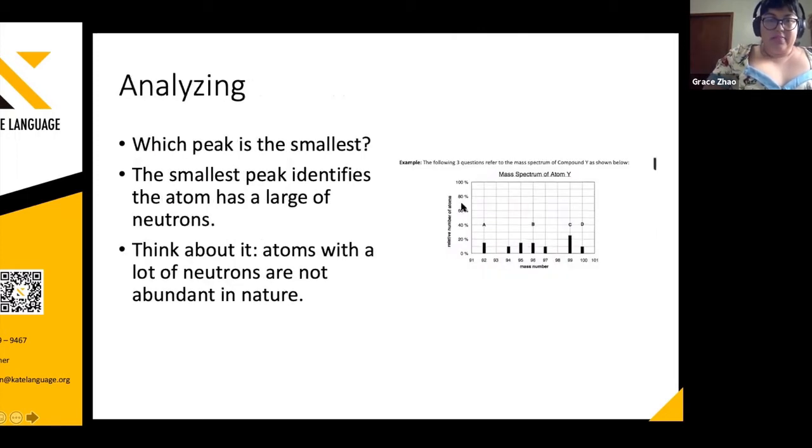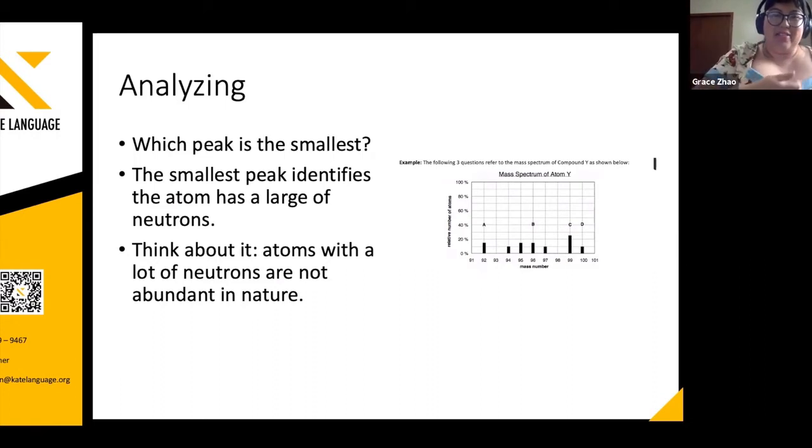And then we also want to know, what's the smallest peak? The smallest peak will identify the atom that has the largest amount of neutrons. If you really think about it, something that has a lot of neutrons has a lot of energy, which means you don't really find it in nature. Like, we don't go out into a park or a forest and just randomly find carbon-13 or carbon-14, right?